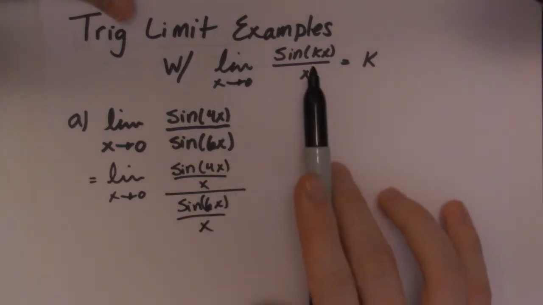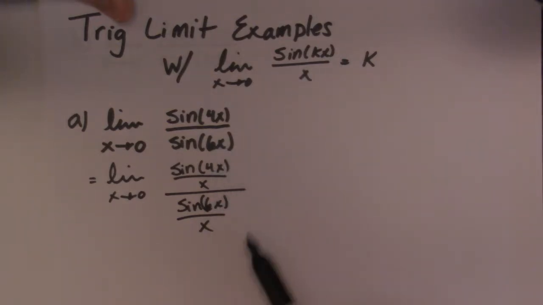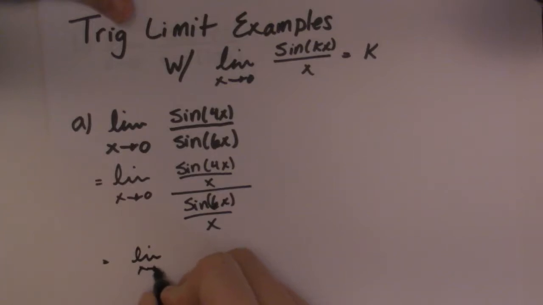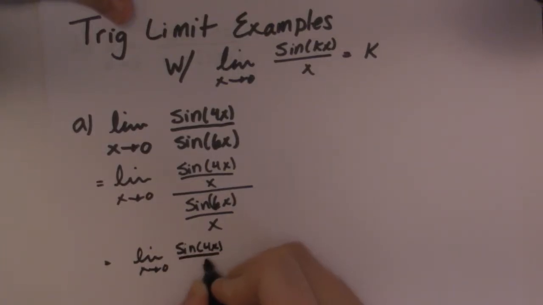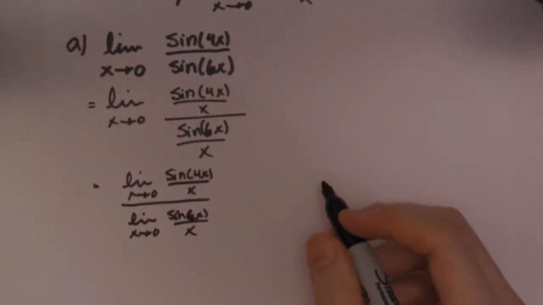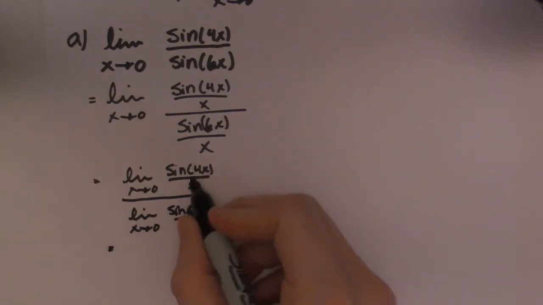So again, if you look, now I have exactly this thing. If I'm on a calculus exam, I want to make sure I emphasize to the teacher that I absolutely know what I'm at. So now I'm going to apply the limit to the top, and I'm going to apply the limit to the bottom. Sine 6x over x. So essentially now what I have is the limit of this guy.